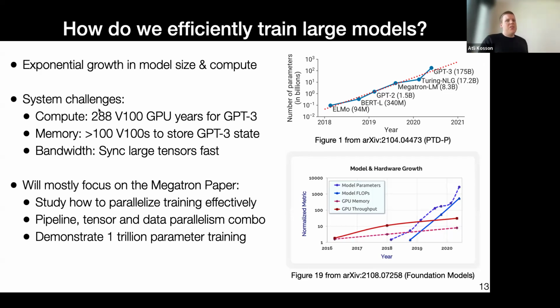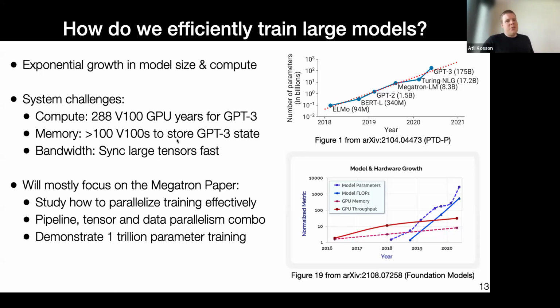So this poses system challenges. For GPT-3 training, for example, on a V100, an older GPU generation, it takes roughly 300 GPU years to train it. So if you use one GPU, you're going to be waiting forever. In practice, you need hundreds at least, probably thousands, for training to complete within months.